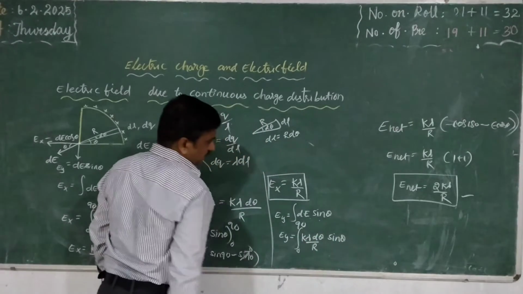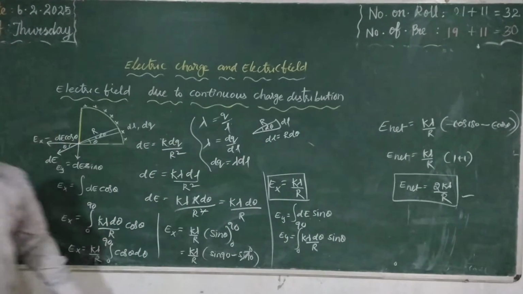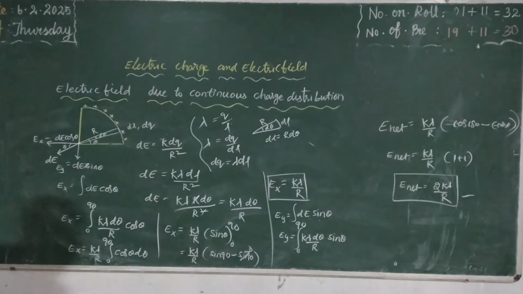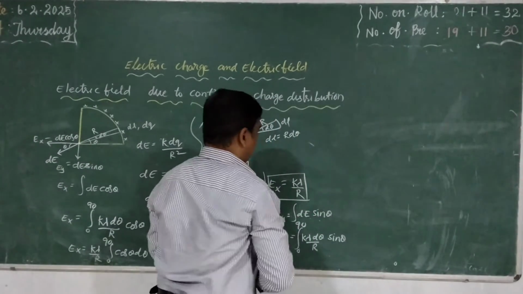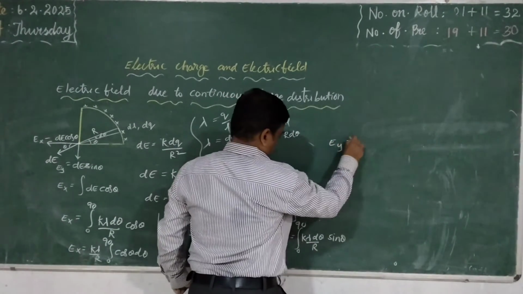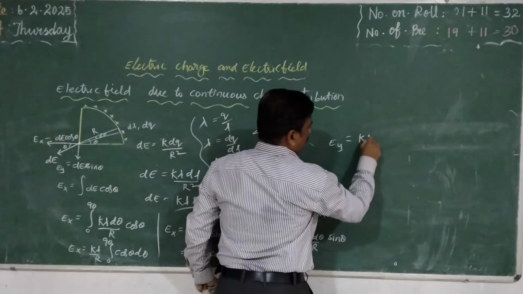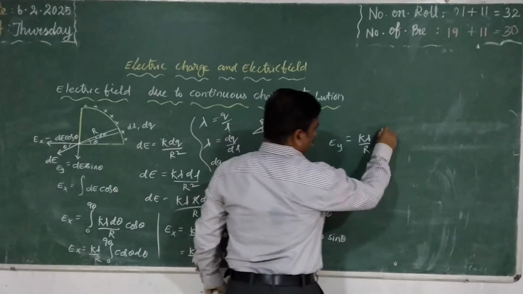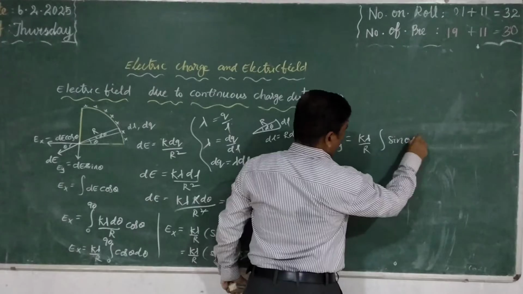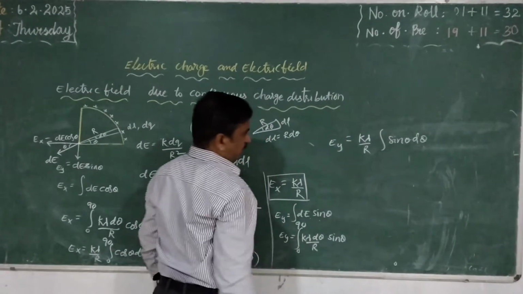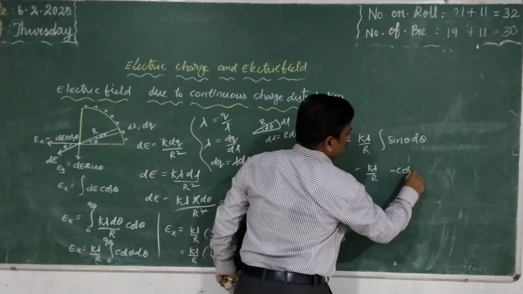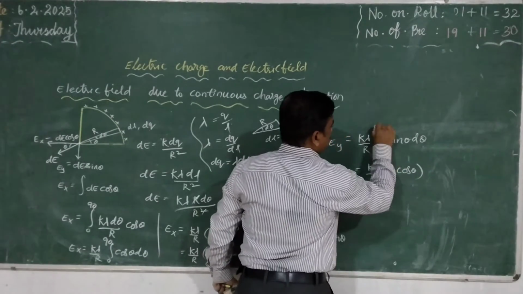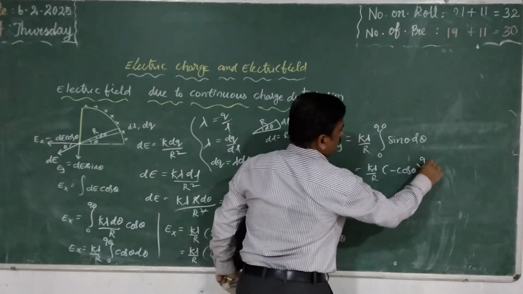k lambda by r is constant, so we can write it outside. So Ey equal to k lambda by r integral sin theta d theta. Integral of sin theta is minus cos theta, interval 0 to 90.